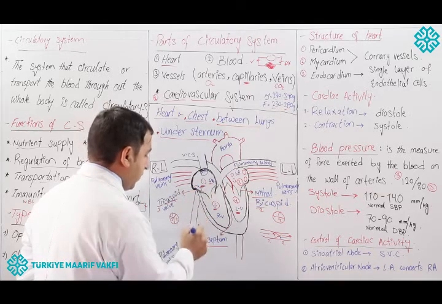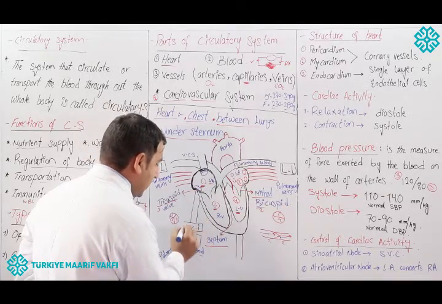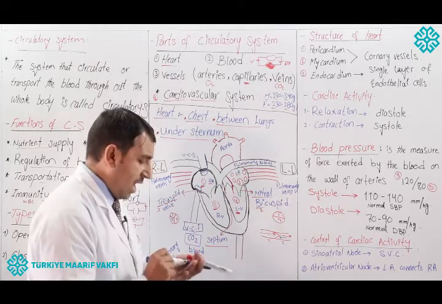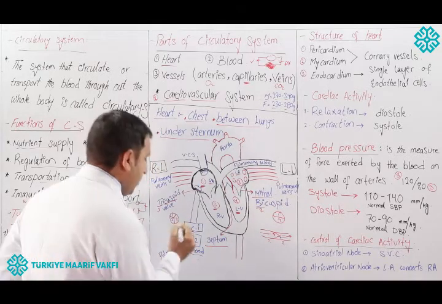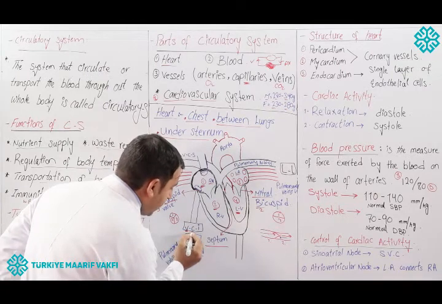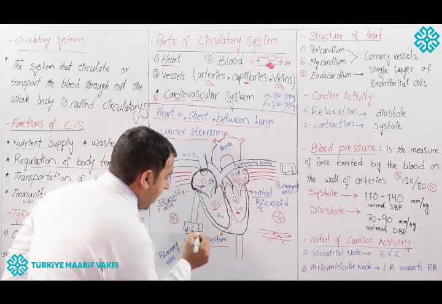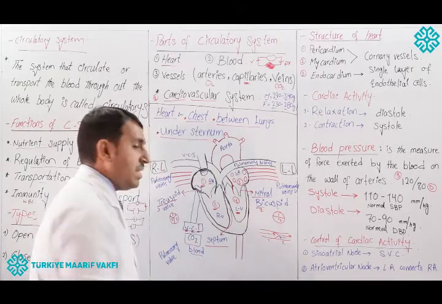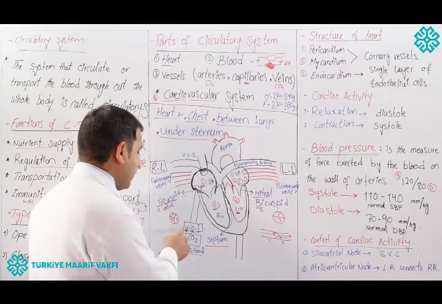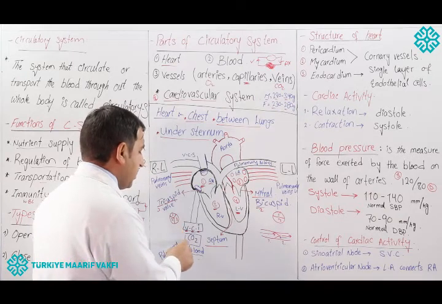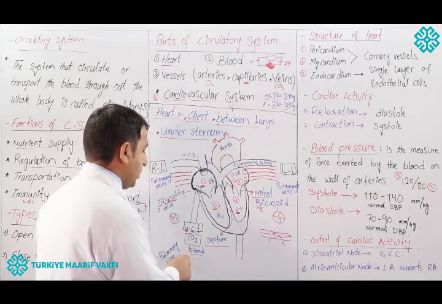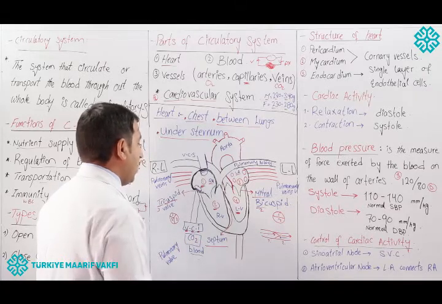So the name of this vessel is vena cava inferior. What? Vena, V means vena, C means cava, vena cava inferior. Vena means vein, and this vein carries deoxygenated blood coming from our body.